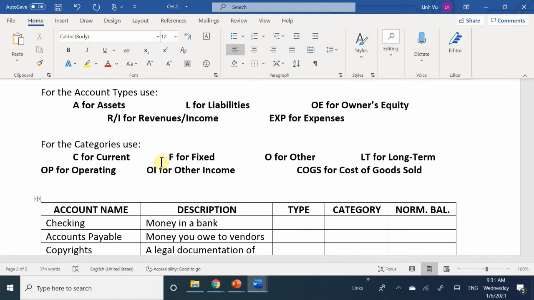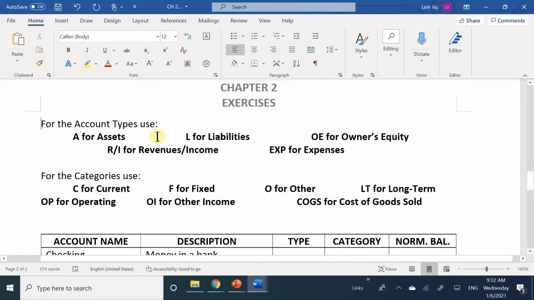I will be asking questions just like this. I need you to tell me what account type it belongs to, what category, and what normal balance this account would typically have. So again, there are only account types, and there are a bunch of categories, and you guys should know what a normal balance is.